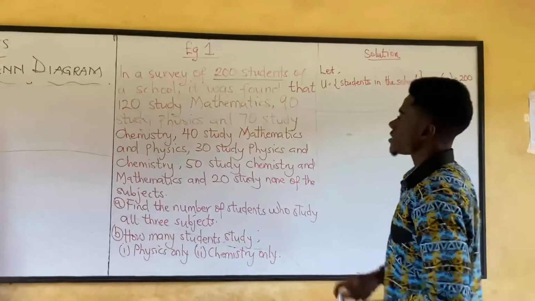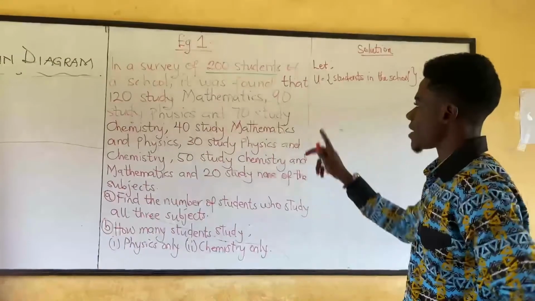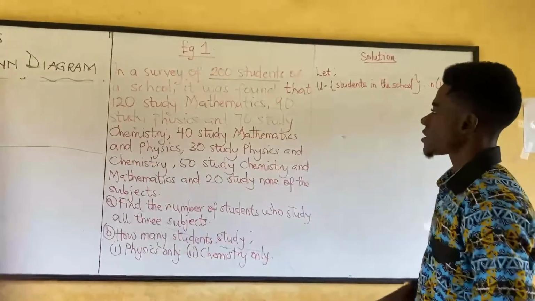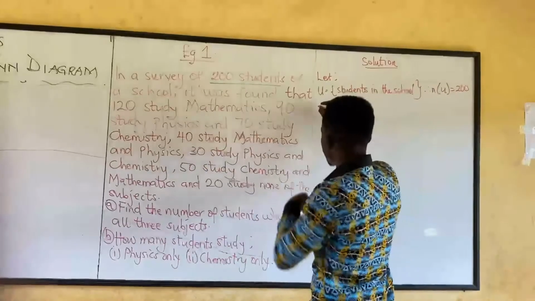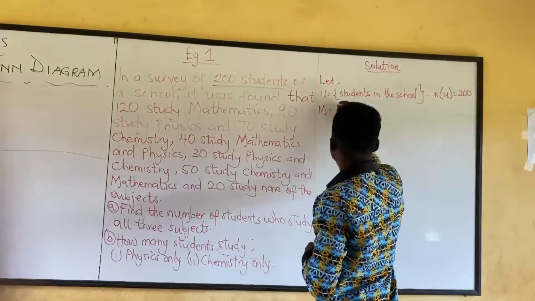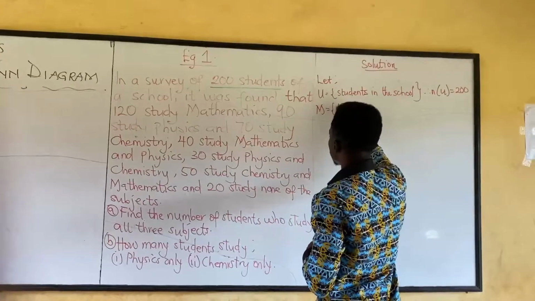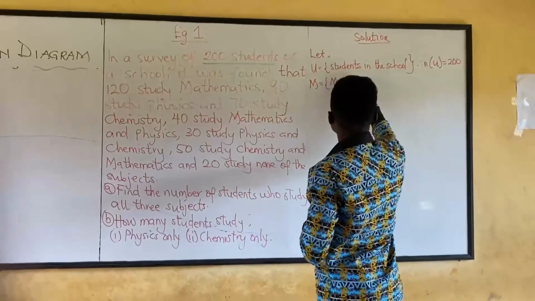And the three things under consideration, we are having mathematics, physics, and what? Chemistry. So we denote M as what? Mathematics students.